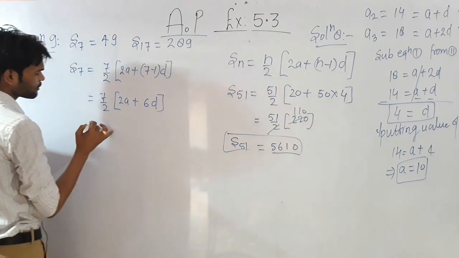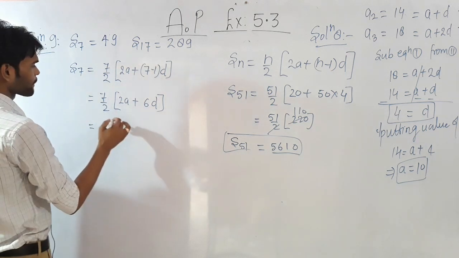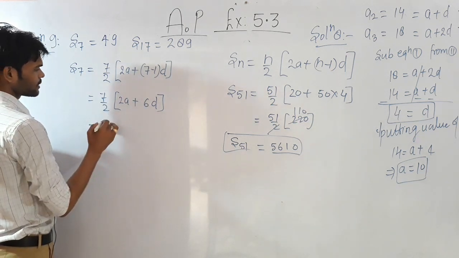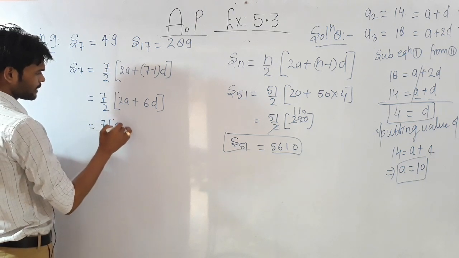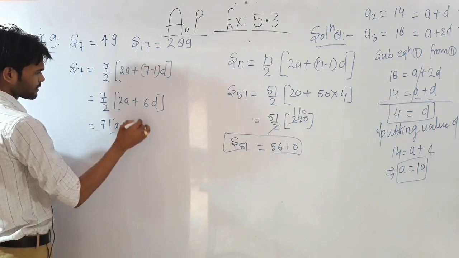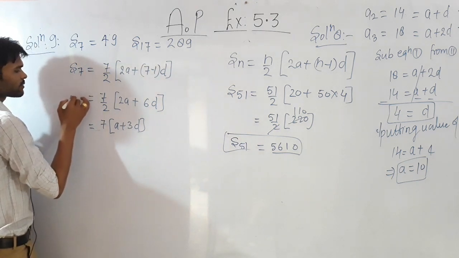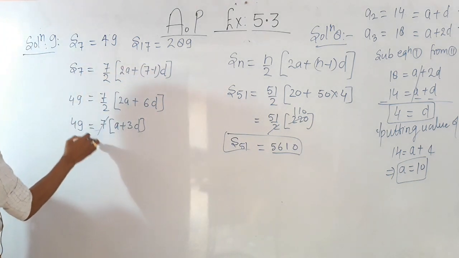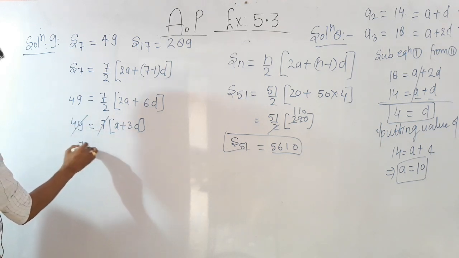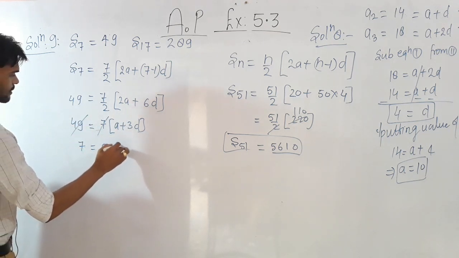Okay, or you may write it as 7 into a plus 3d. Okay, and you are given it 49. Sum of 7 terms is 49. By cancelling it, it will become 7 is equals to a plus 3d.